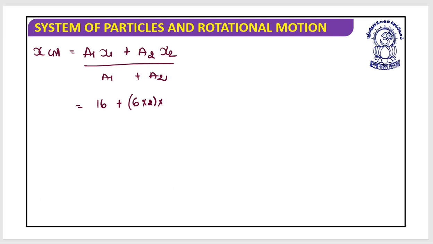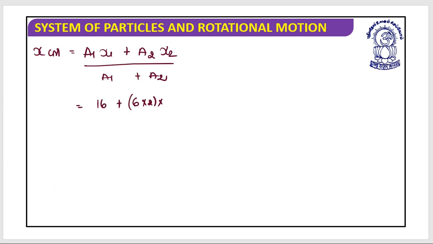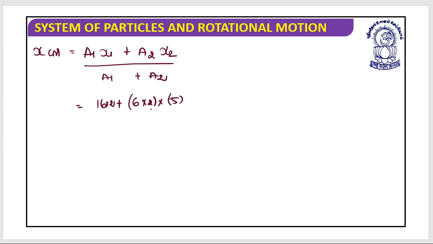So it's 8 into 2 into x1, which is 2 comma 0, so this is 16 into 2 plus 6 into 2, 12 is the area, multiplied by x2, x2 is 5, divided by a1 plus a2, it's 16 plus 12.